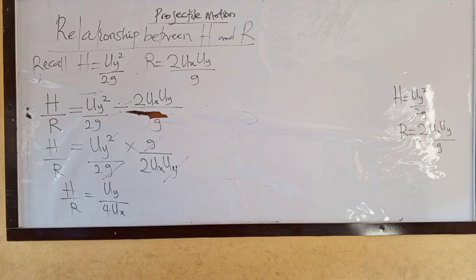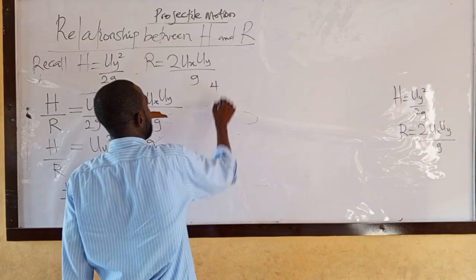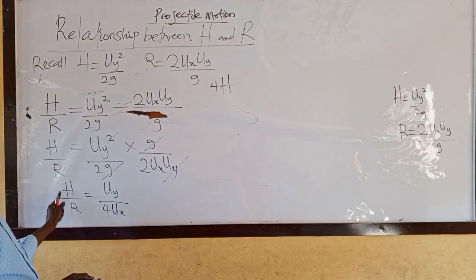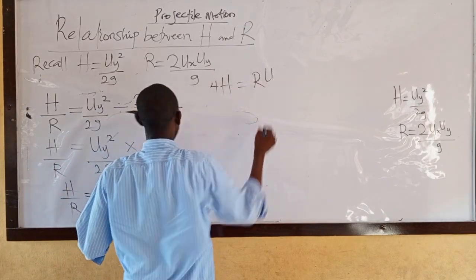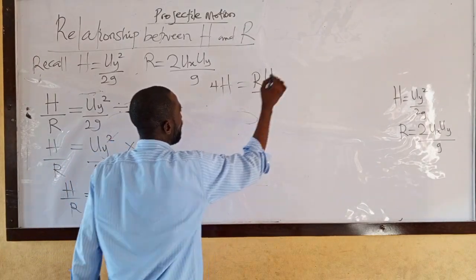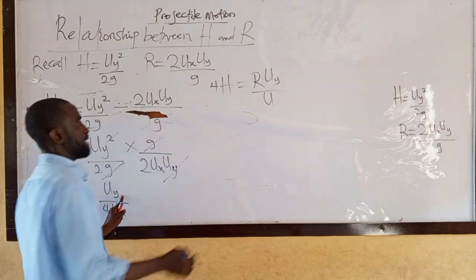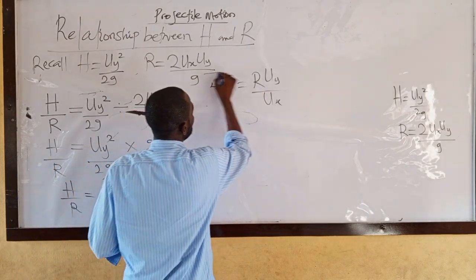Okay? So what's the next thing? 4 comes here. I will cross multiply. Are you with me? So now we are having 4H equals R Uy all over Ux. Put this in a block.